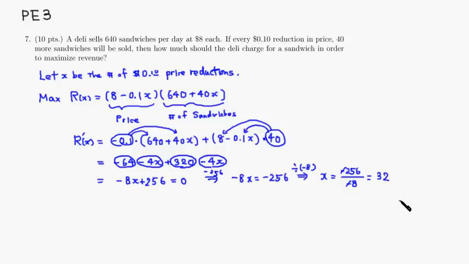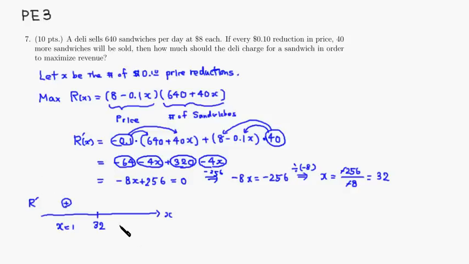We want to make sure that it really gives you the maximum, so we're going to do a number line again. We're looking at the derivative of the revenue function, R prime, and the critical number we found is 32. Try something smaller than 32, like 1: negative 8 plus 256 is definitely positive.